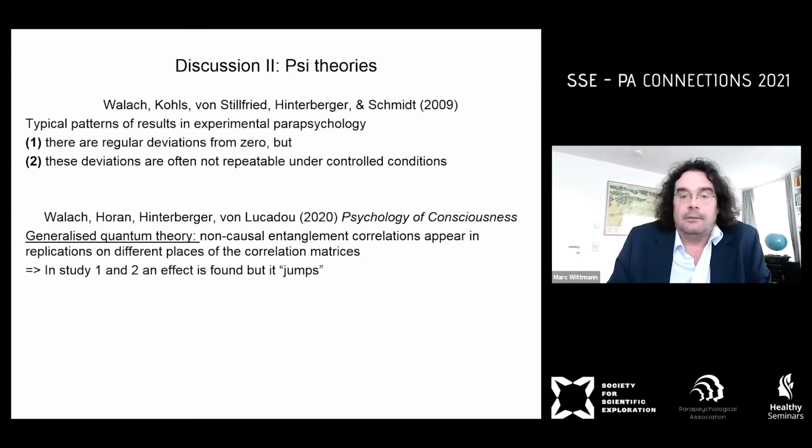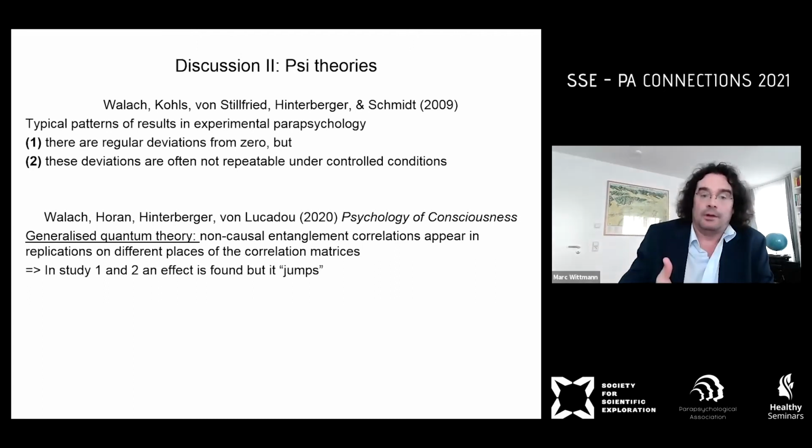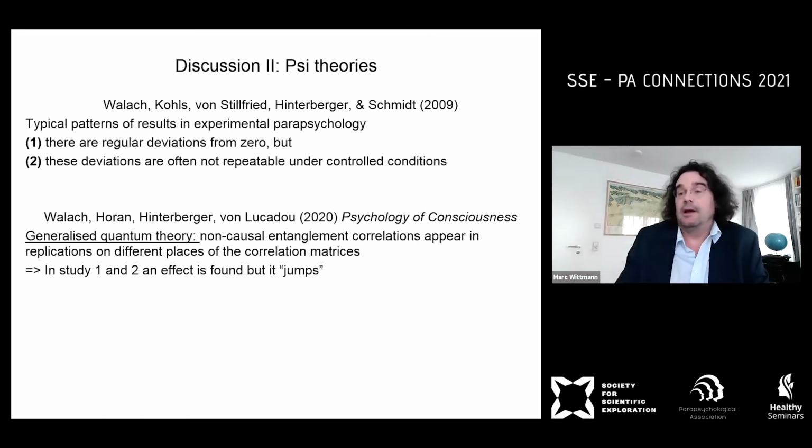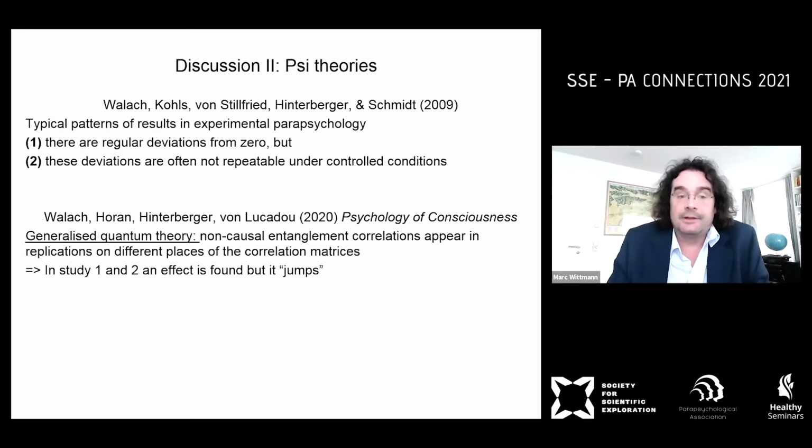And in further conceptualizations, there is this idea in the generalized quantum theory that non-causal entanglement correlations might appear in replications at different places of the correlation matrices. So in study 1 and 2, we had an effect, but it jumped. The jump was apparent, but not systematic and repeatable.